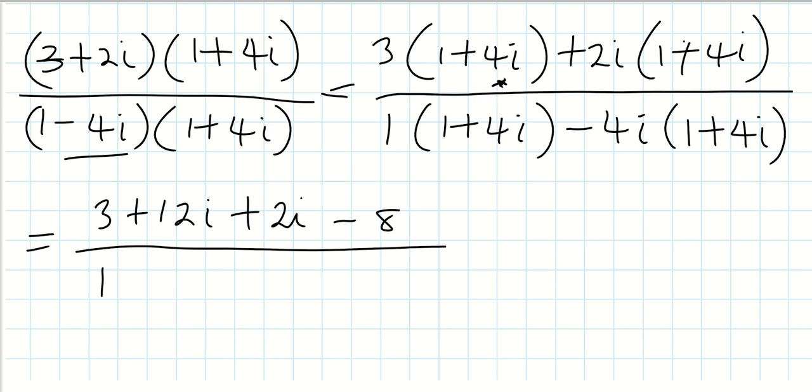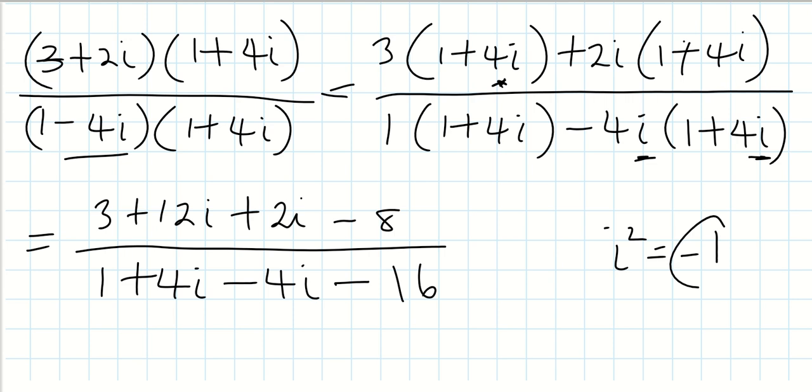Then 1 times 4i is plus 4i, minus 4i times 1 is minus 4i. Then minus times plus gives us minus. 4 times 4 is 16. i times this i is i squared, which is minus 1. Then this minus 1 times this minus gives us plus.